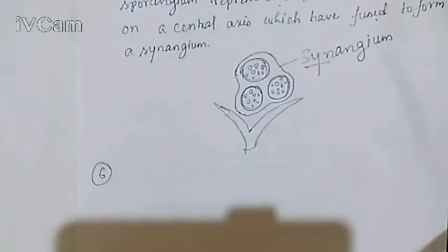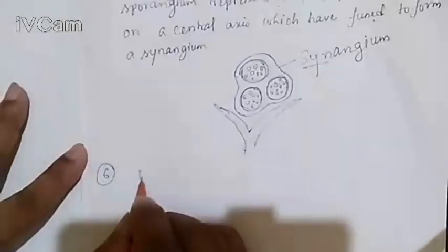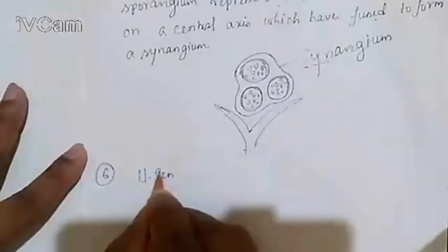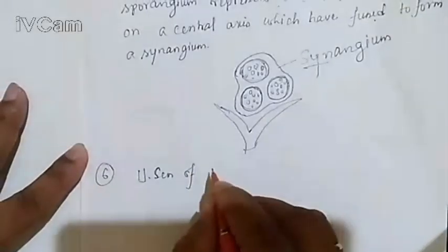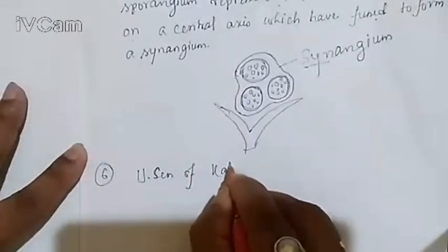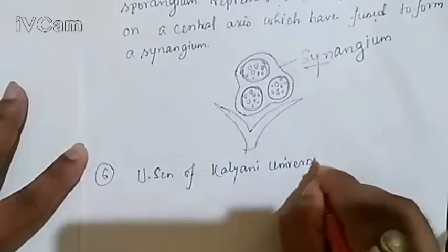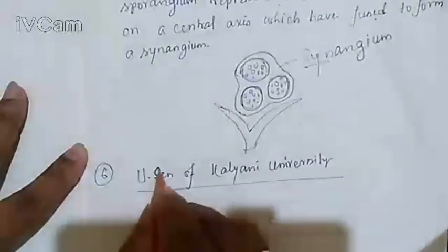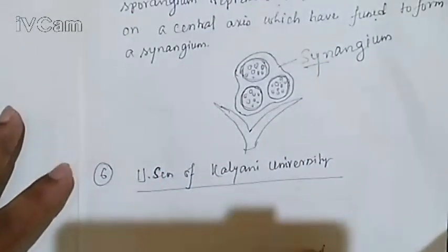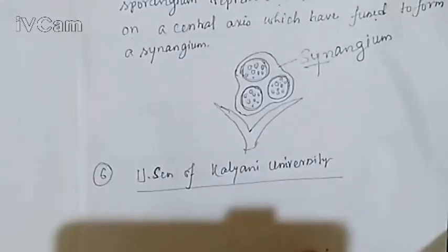The last opinion is of Yu Shen of Kollan University, one scientist of Kollan University. Actually, according to him, we can write his opinion because it is the last opinion regarding the morphological nature of synangium. So you have to understand this topic by the last opinion.